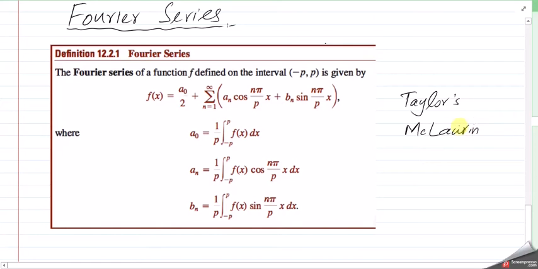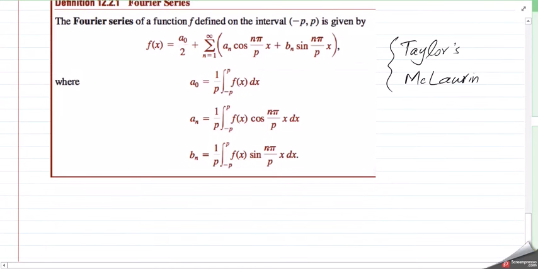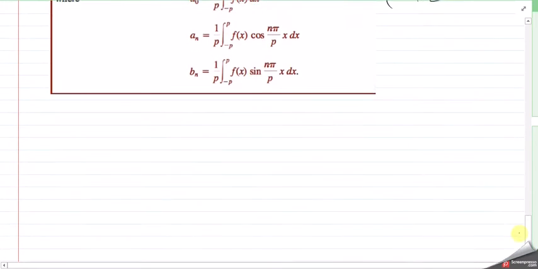The difference between Taylor's and Maclaurin's and Fourier's is that these two require the function to be continuous, whereas a Fourier series can be expanded for a function which is not continuous. Okay? For example, let's start with a very simple example.